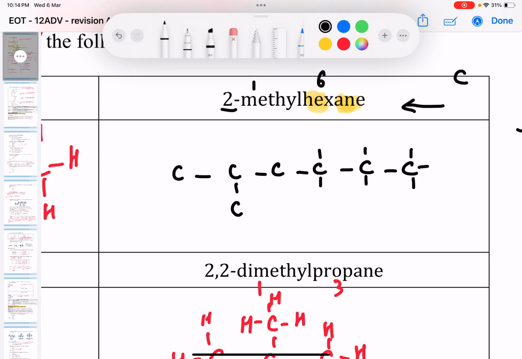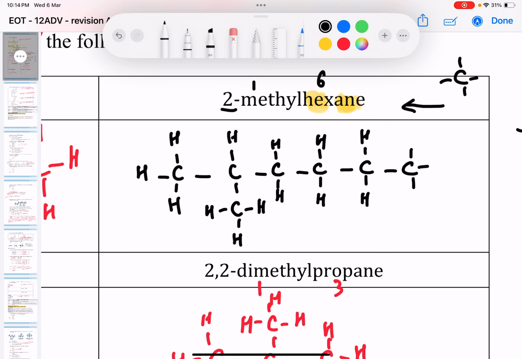So as I mentioned, every carbon takes 4 bonds. So the rest is just filling the molecule with hydrogens. And this is the drawing of 2-methyl hexane.